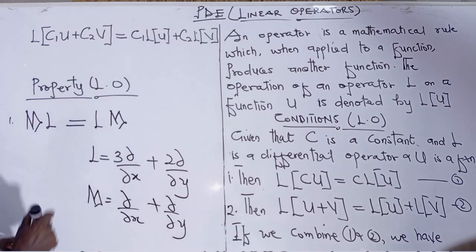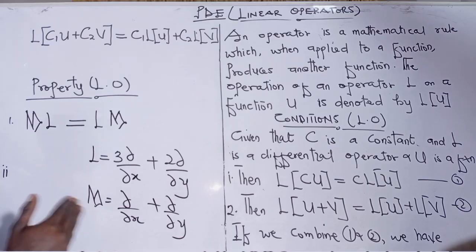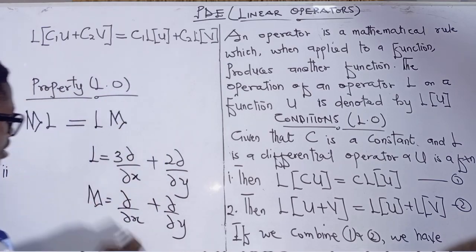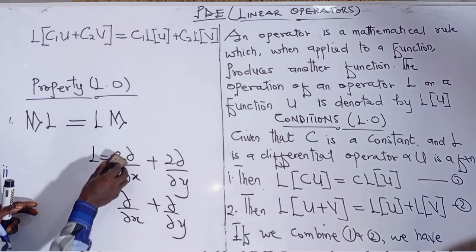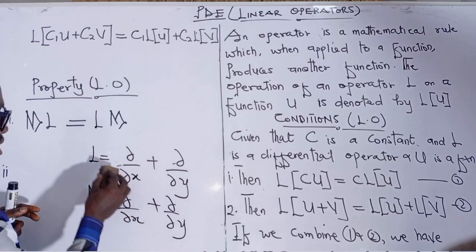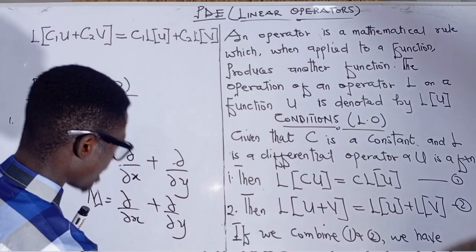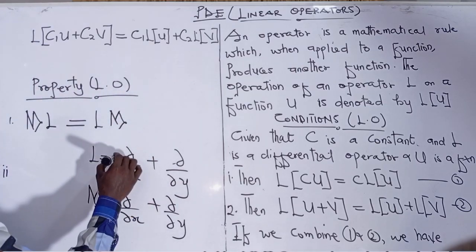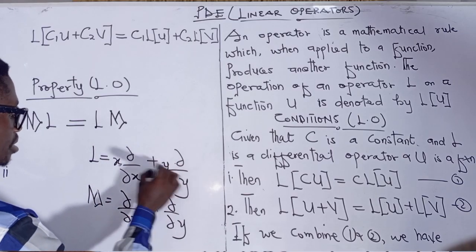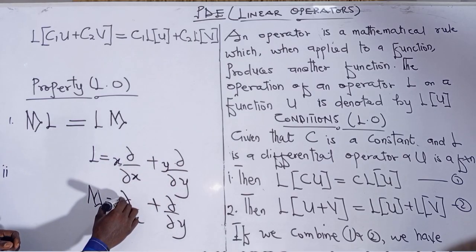Very, very easy. Now another case is when the linear operators have variable coefficients. Let's take it that we clean out the constants and add variable coefficients. A variable can be x, and let's take here to be also y, and here to be x.